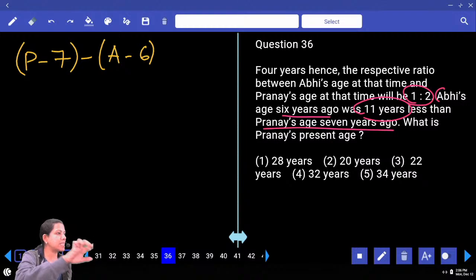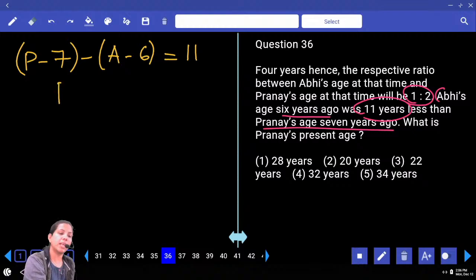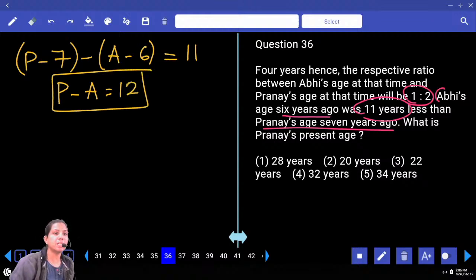Both are in the past tense. The difference is 11 years. So finally Pranay minus Abhi is equal to 12 years. Pranay is elder than Abhi by 12 years.